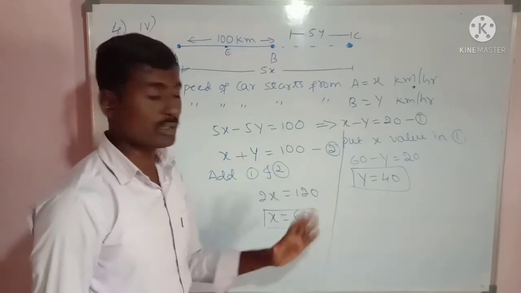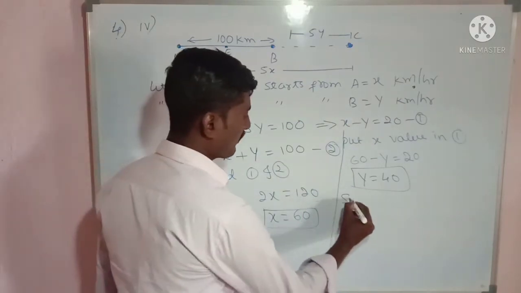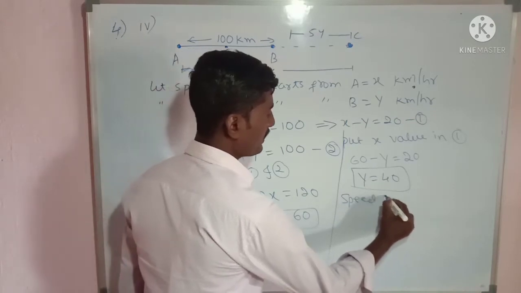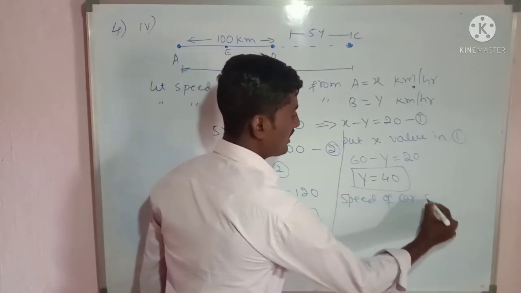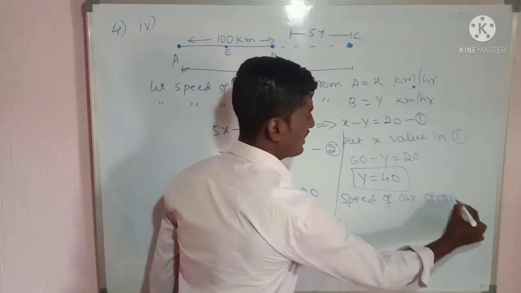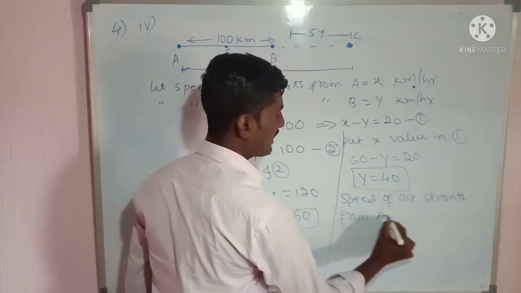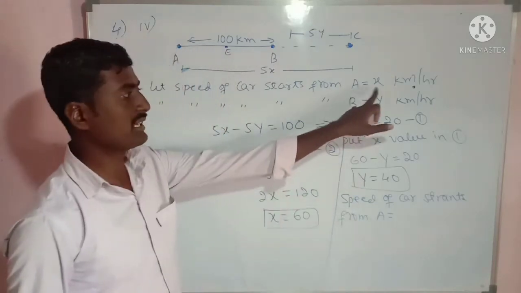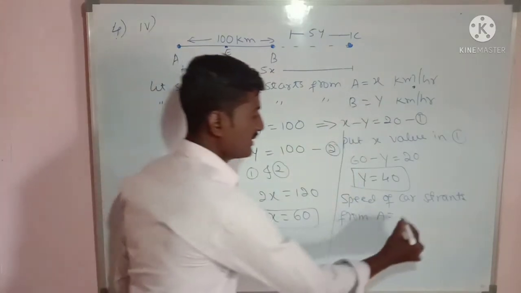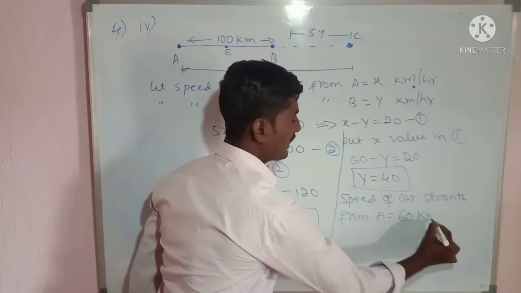Now I have to write the conclusion. Speed of car starts from point A. From A, that I have taken as what? X. So x is 60 km per hour.